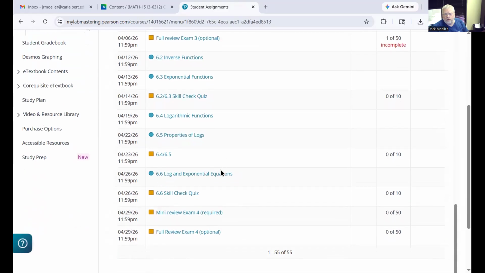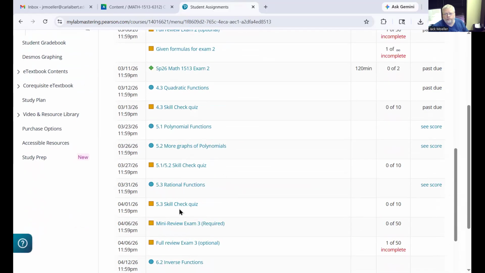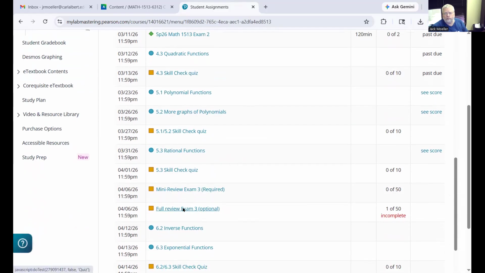But we're going to make sure that we know how to at least start some of these problems and get a general idea of what it looks like. Remember, if you're using this as a study, you don't have to finish it all at once. You can just X out of it and then come back to it later.